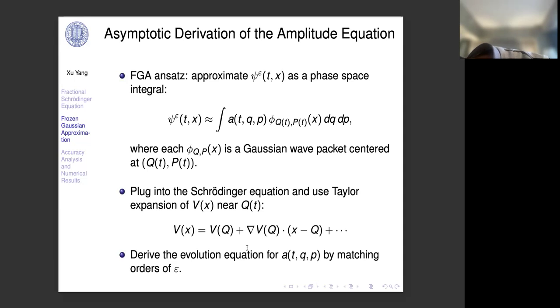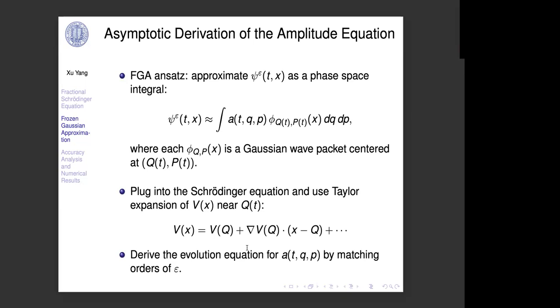That has e to the i over epsilon little phi of x. How does that work? I can't quite understand. What is phi sub phi of t of x? What is it?